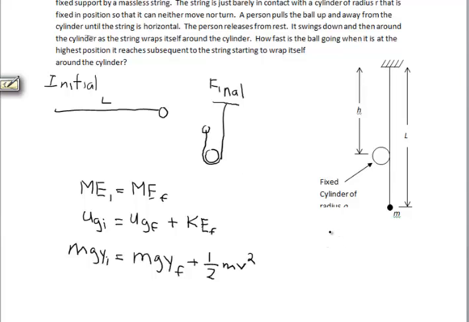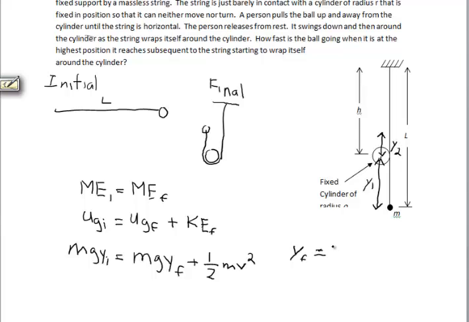So let's see. Y final, I'll write that all over here. We'll say this distance is y1, and this distance that wraps around is y2.